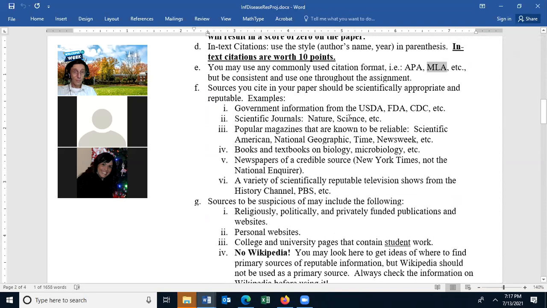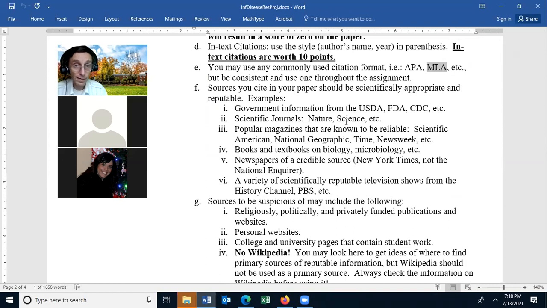Your sources should be good, scientifically appropriate, and reputable sources. So if you give a reference to something like the Sun or the National Enquirer, I'm going to mark it down because that's not a reputable source. They publish a bunch of stuff which isn't true.